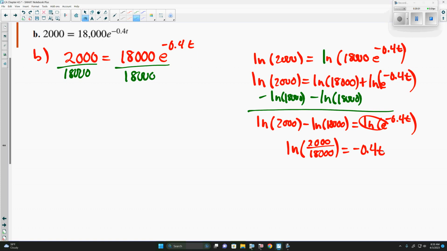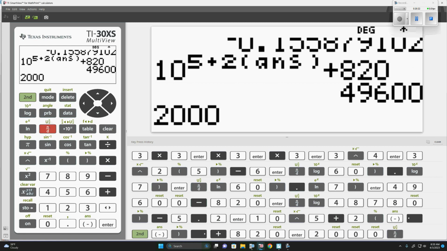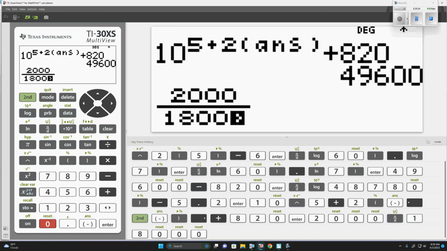Do we see kind of how that works? I mean, there's a lot of steps to it, and it's using the properties. But over here, we can do this division. This is the same as 1/9.